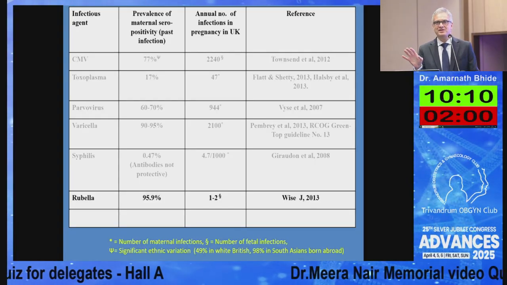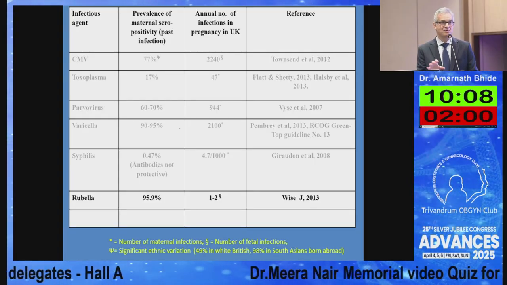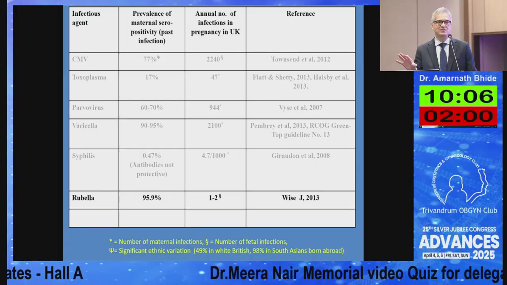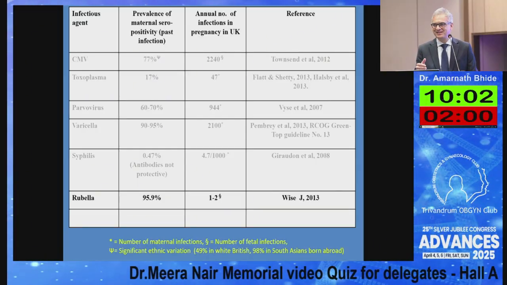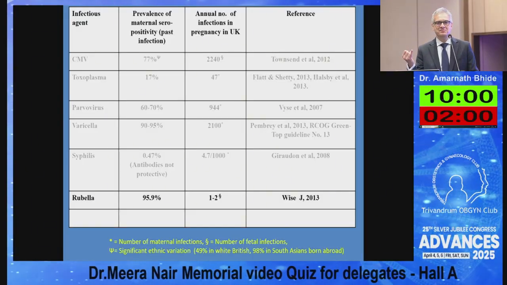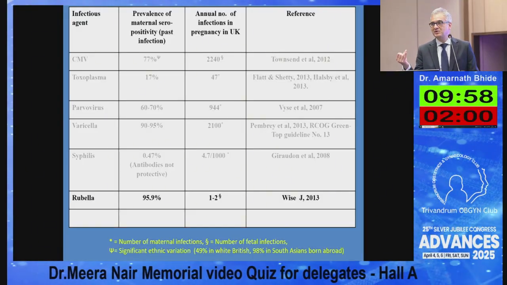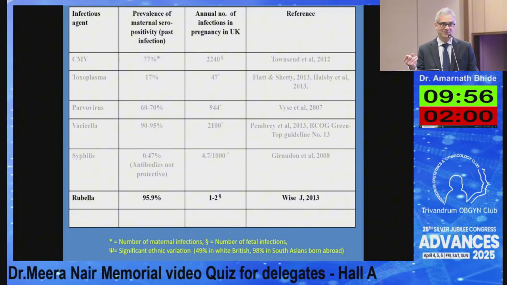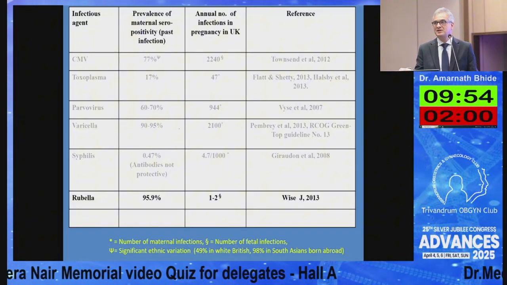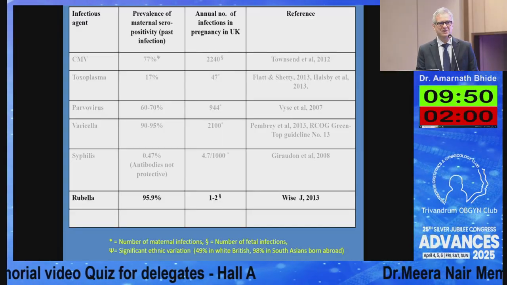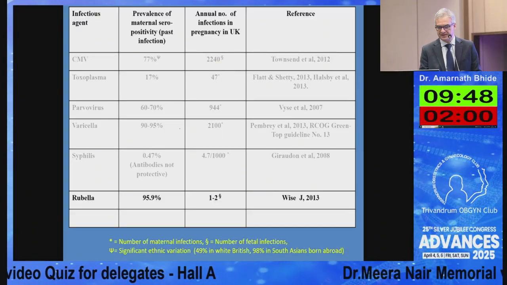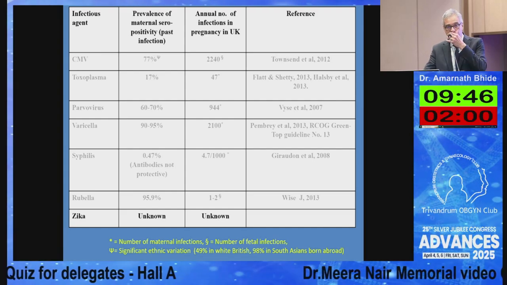And in my whole career, all the cases that I've seen of rubella have all been acquired overseas. Nobody has got the rubella in the UK. The one I saw from Thailand, one I saw from Ukraine. So these are all infections acquired abroad, and that's how they get infected. So rubella is really uncommon in our experience.